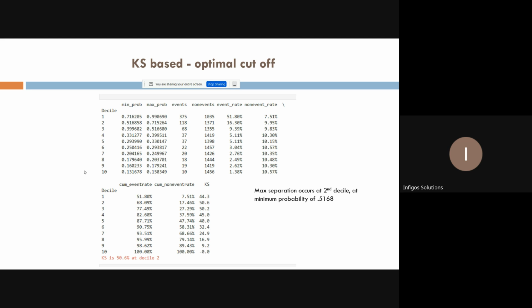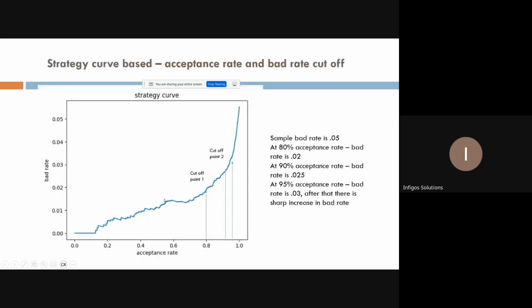Then we have the cutoff based on the acceptance rate, the strategy curve, and the bad rate. The plot between acceptance rate and bad rate is called the strategy curve. This one I had taken from Bart Parsons' note, and he has put this kind of point.